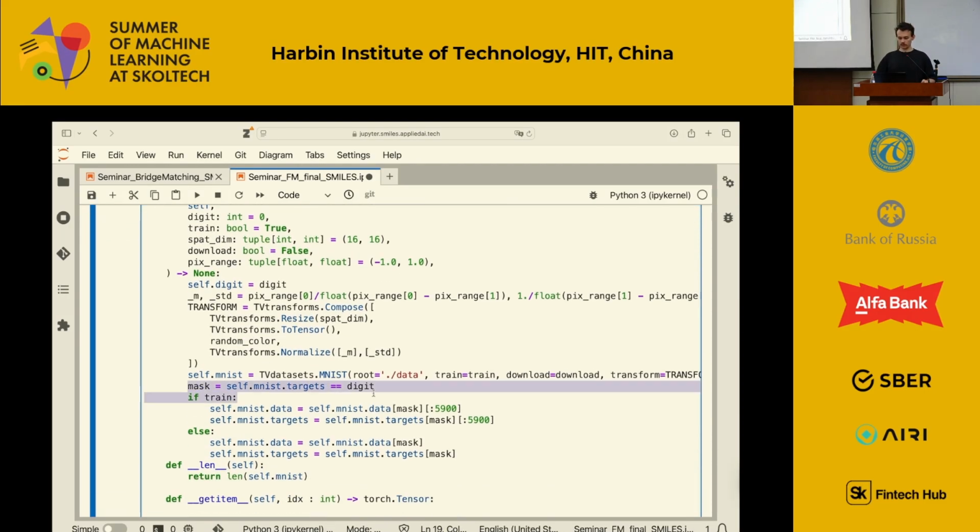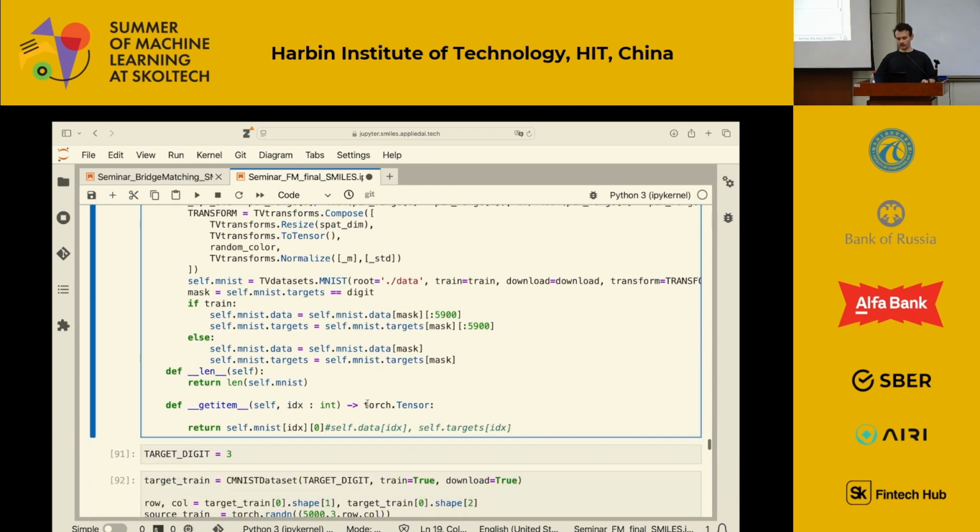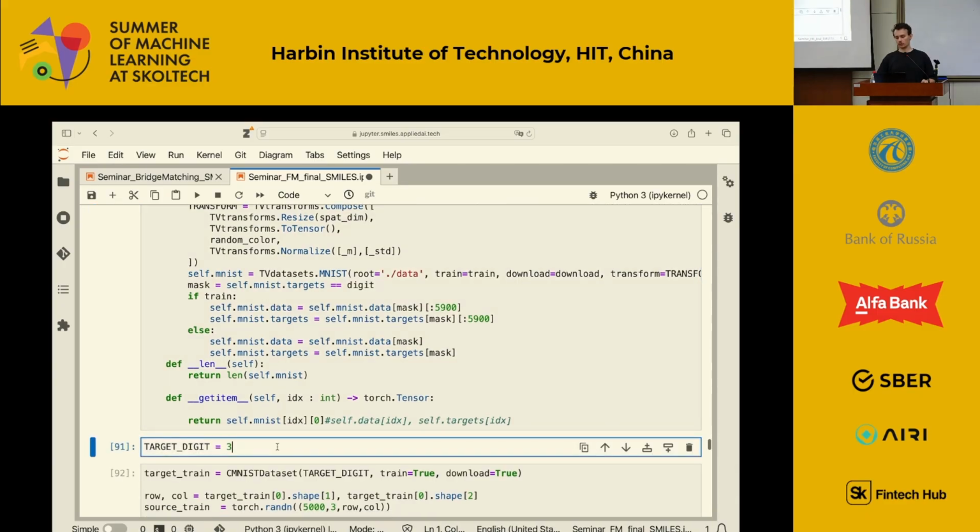And we choose not the full MNIST dataset, but the part of the MNIST dataset regarding some digit. For example, I think in our case it would be target digit 3. So we will have the part of the MNIST dataset with 3 digits, and we will color them in 6 colors.